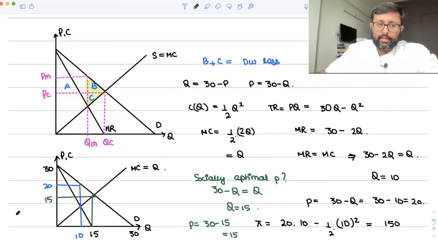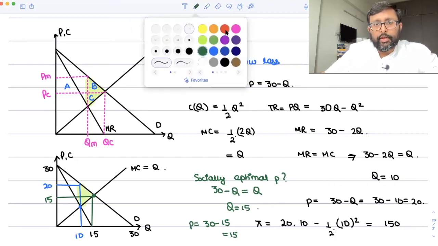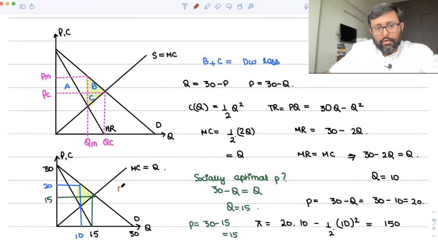This is what my price is, right? So what is going to be the deadweight loss? Deadweight loss is this area. So how do you calculate deadweight loss? That is the area of this triangle. So at Q is equal to 10, MC is going to be equal to 10.